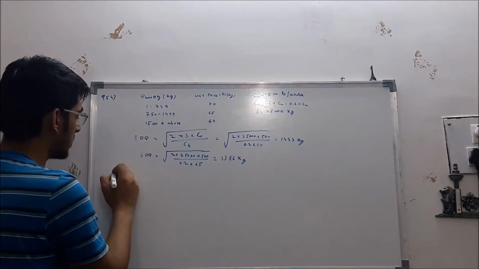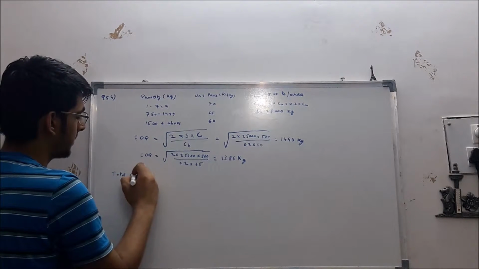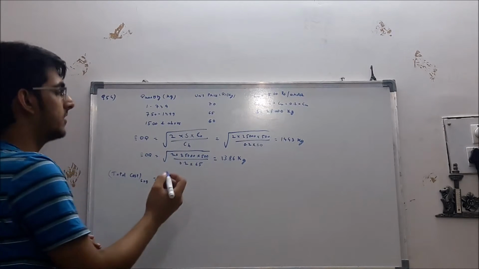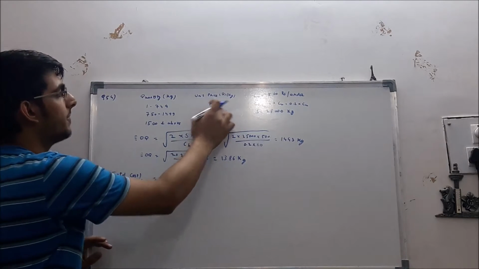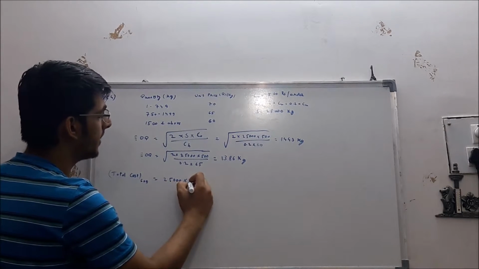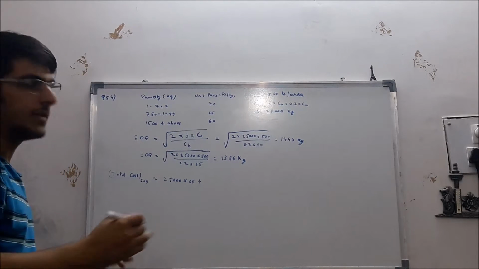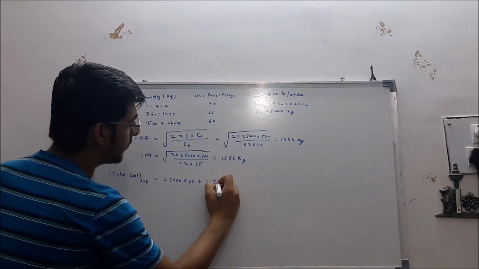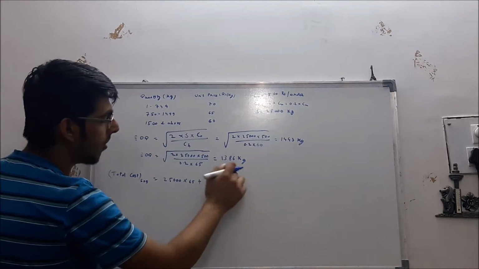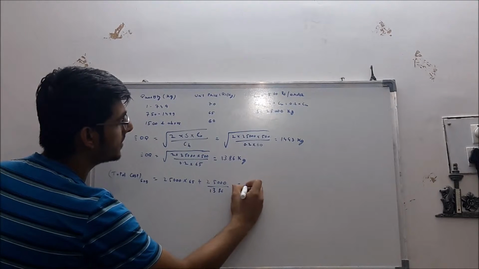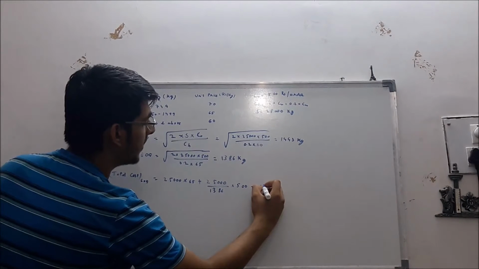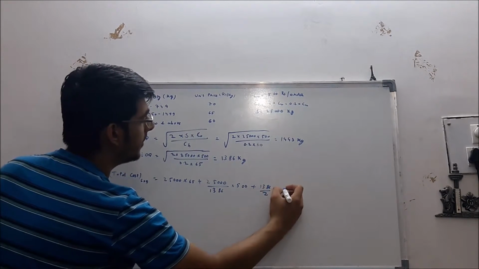Now we will find the total cost for EOQ. It will be, first will be acquisition cost, that is unit price into total annual kg required. So it will be 25,000 into 65 plus second will be ordering cost. So ordering cost will be 25,000 divided by 1386. These are the number of times we have to order, into per order cost is rupees 500, plus third will be handling cost, that will be 1386 divided by 2 into CH.